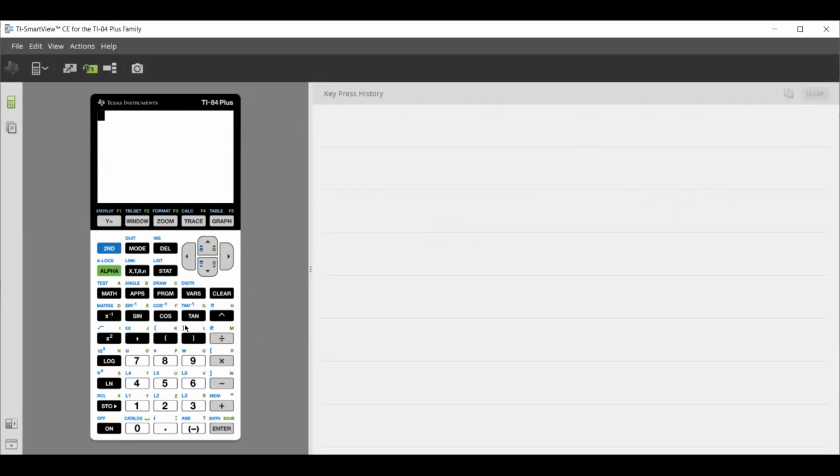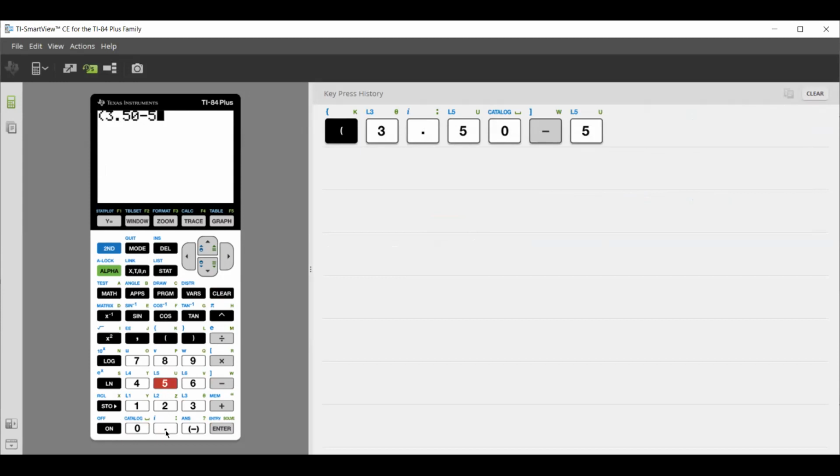So we have X, which is 3.50, minus the mean, which is 5.81, divided by 81 cents.